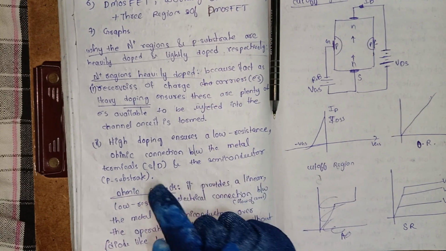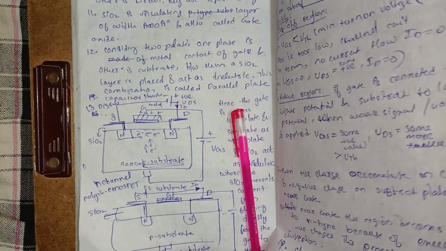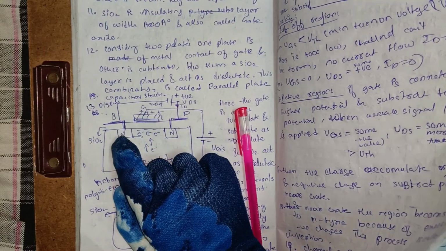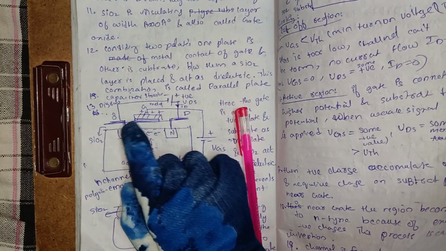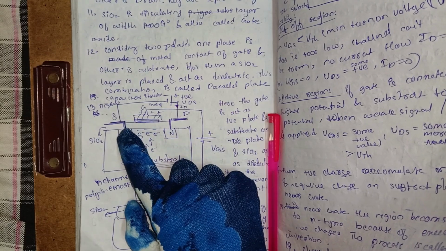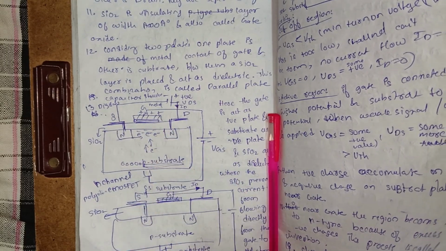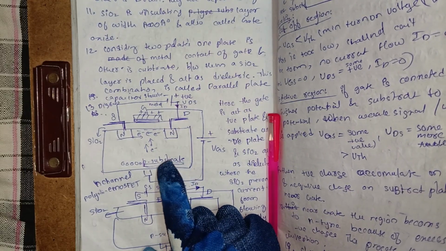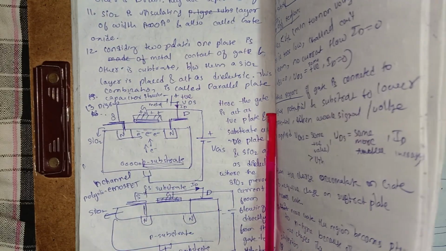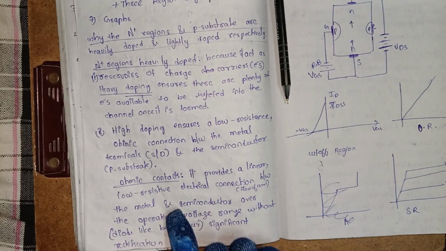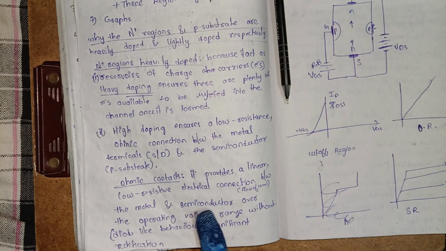See, so where these ohmic contacts are present means in the diagram, these are the ohmic contacts. The dark lines indicate ohmic contacts. Okay, this and this, source and drain. Okay, and this p-type substrate also has ohmic contact just below it, which provides a linear low resistive electrical connection between the metal and semiconductor.